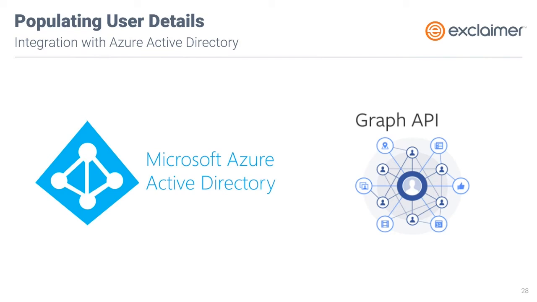And basically that API means that we can do this in a very secure way. We can put in an enterprise application in the Azure Active Directory on the tenant of the user. And with that permission established through the enterprise application, we'll be periodically synchronizing the user details into their subscription.